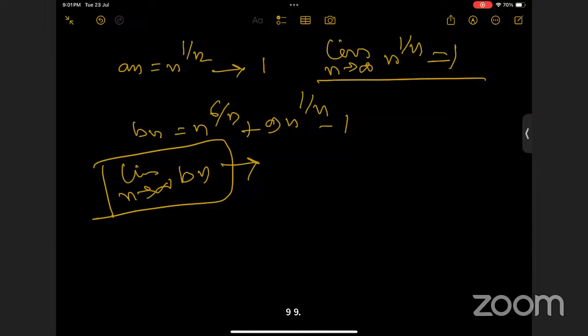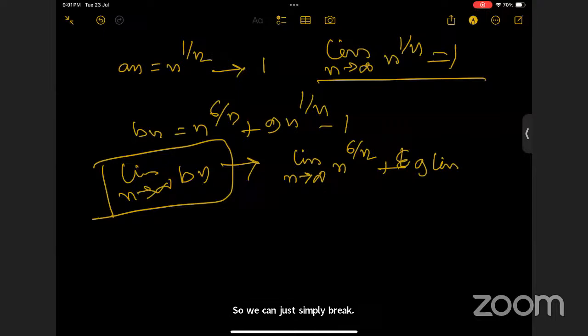Why? 1 power 6 plus 9 into 1 minus 1. We can simply break it. Minus 1, so this value is 1.